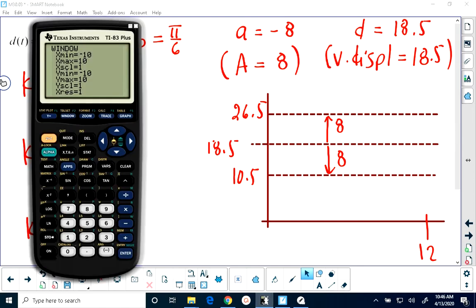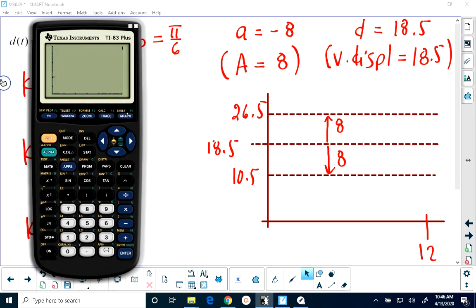So for x, I'm going to go from 0 to 12, and I'm going to put a tick every 2. For y, I'm going to go up to 30. I always like to go up a little bit higher than the maximum value. And let's put a tick every 5. The x scale and the y scale don't really matter.